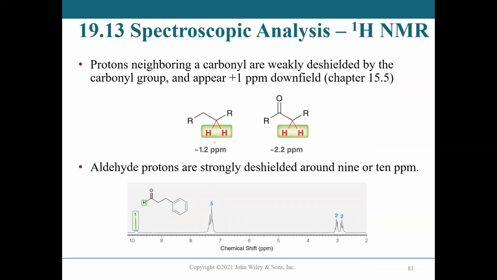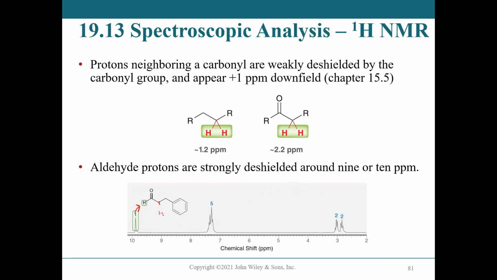So now they talk about proton NMR. Protons neighboring a carbonyl are weakly deshielded by the carbonyl group and appear about 1 ppm downfield. Aldehyde protons are strongly deshielded, around 9 or 10 ppm. They're showing that right here.